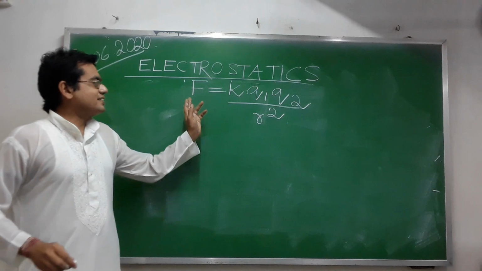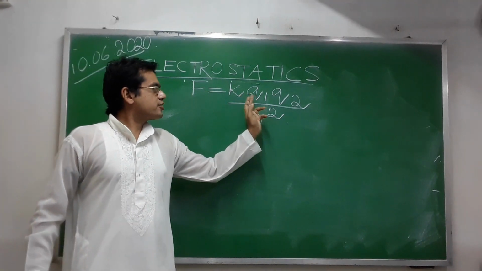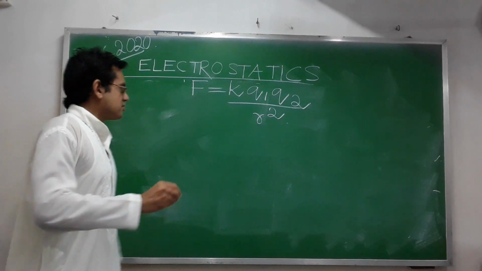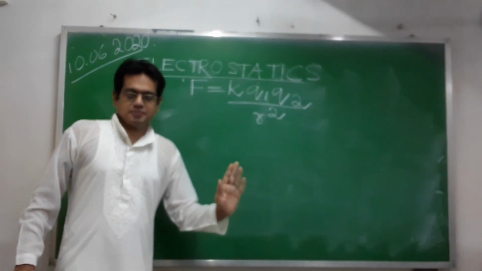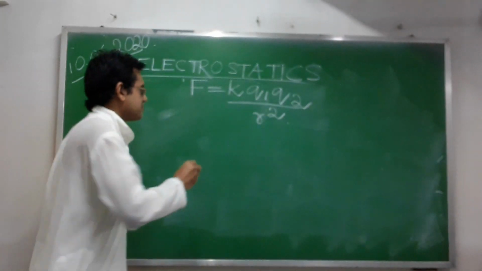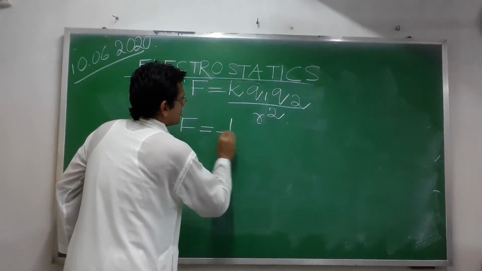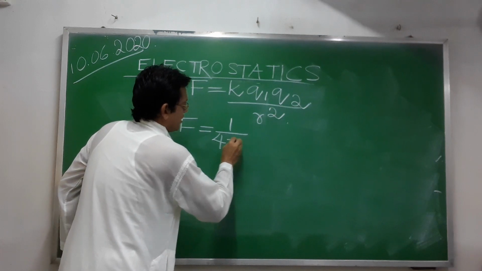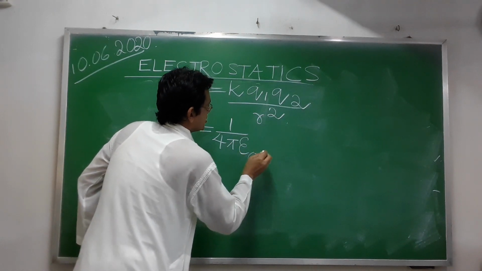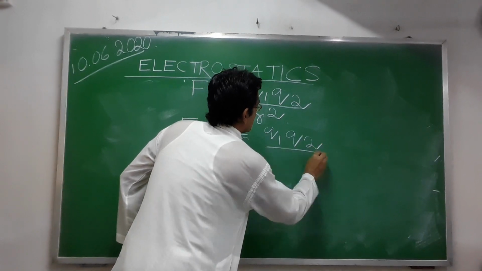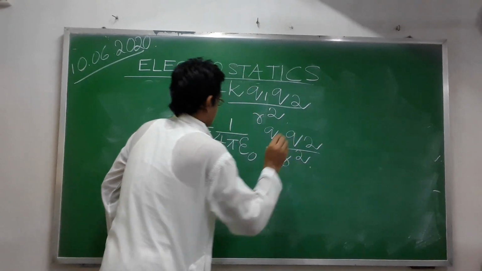I told you that F equals K Q1 Q2 by R square. Now in the SI system, F equals 1 by 4 pi epsilon naught Q1 Q2 by R square.